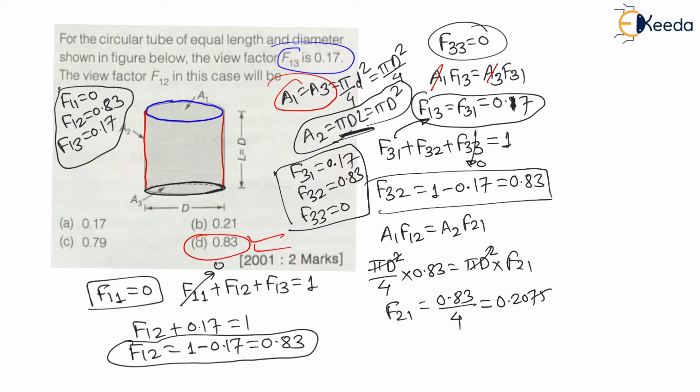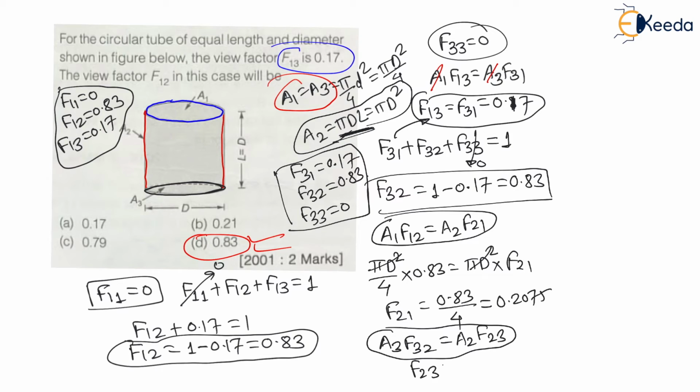Similarly, let us use the reciprocal theorem between 2 and 3. Therefore here A3 F3 to 2 is equal to A2 F2 to 3, right. Now let us put the values. Again if I put the values, the F2 to 3 exactly I will get equal to 0.2075, because for surface 2, surface 1 and surface 3 are identical, right.